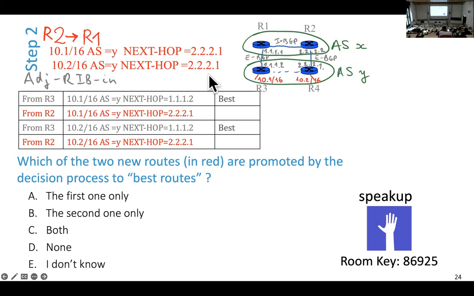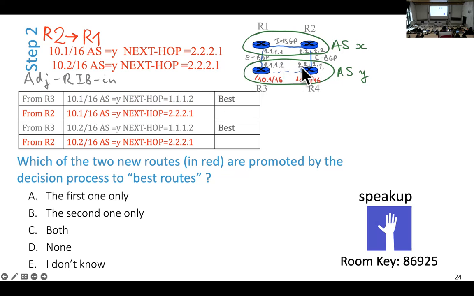An interesting case is that, in the time that we were discussing this, R2 also has received from R4 some routes that reach 10.2 and 10.1. And it will also advertise them over iBGP to R1. So R1 will receive from R2 a path that reaches 10.1 and 10.2 that comes from this ASY, and the next hop is 2221.